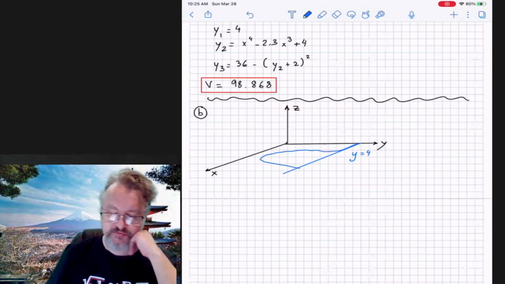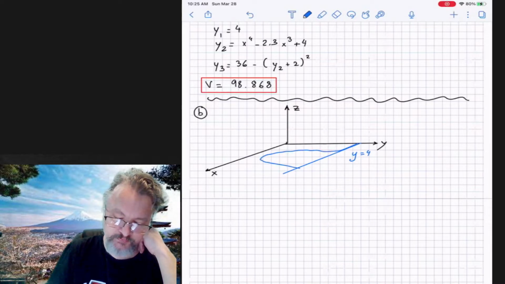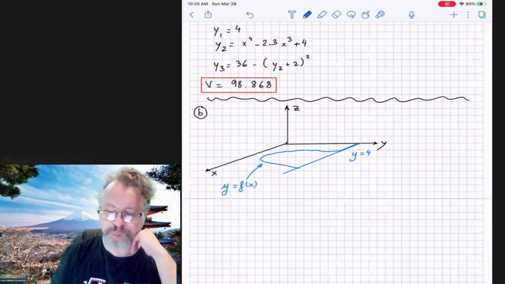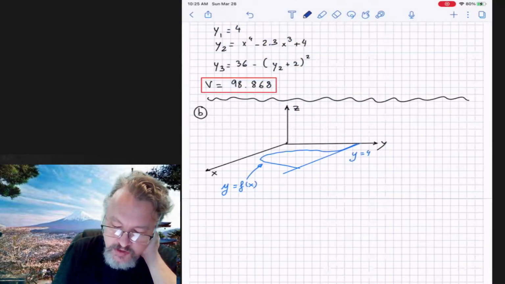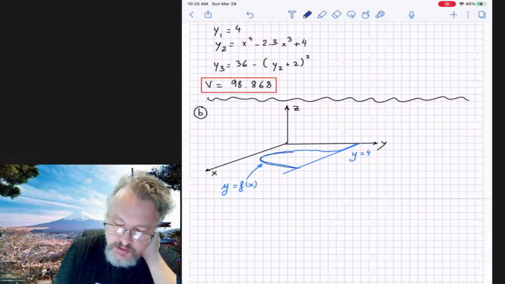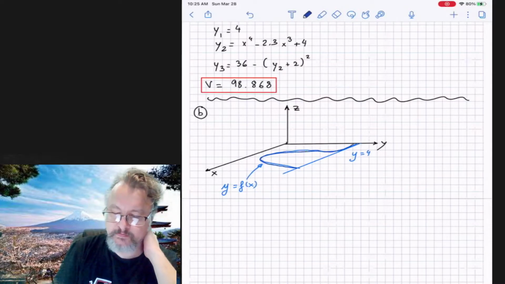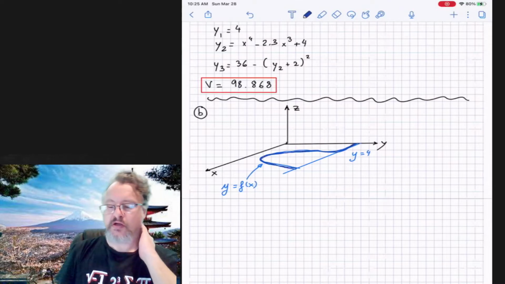All right, that's our function y equal f of x. Okay, y equal f of x. I'm going to change the color right here, try to make it a little bit different looking than this.